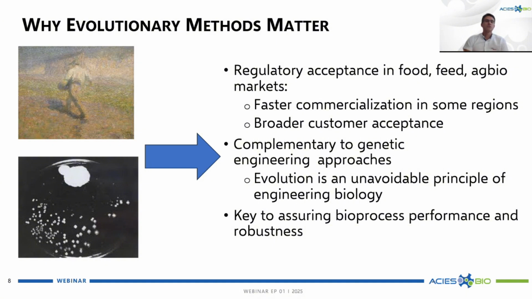Let's start. So where do these evolutionary or non-GMO methods actually come from? A long time ago, our ancestors looked at their fields, and noticed that among the thousands of plants growing there was one or some which were larger, had more grains, or had larger grains.